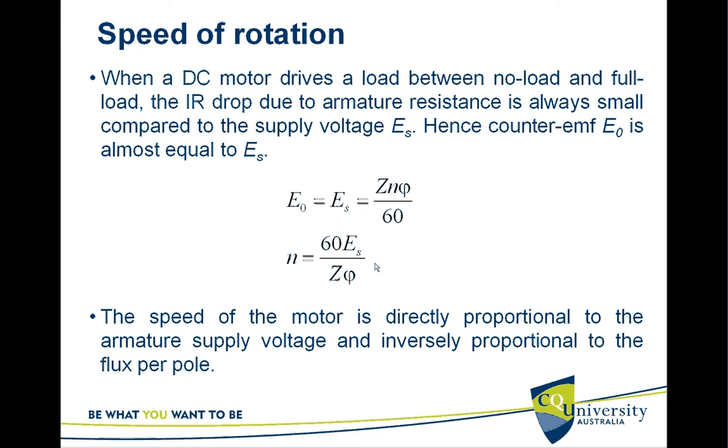E naught is equal to ES, taken like that here, is equal to Z n phi divided by 60. Therefore, N is equal to 60 ES divided by Z phi. So the speed of the motor is directly proportional to the armature supply voltage and inversely proportional to the flux per pole. That is what this equation tells us.